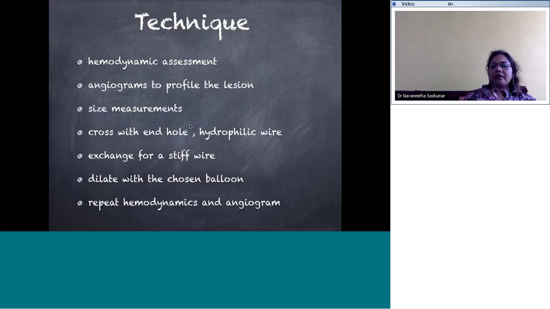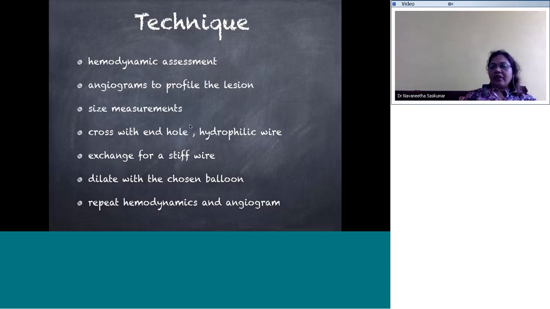So you should have a baseline to compare, as I mentioned, the ratio. So always have an outline. Do the right heart study, a full right heart study. Do angiograms to profile the lesion. The angle at which you can best see depends on where the lesion is, whether it is right or left pulmonary artery, whether it is proximal or distal.